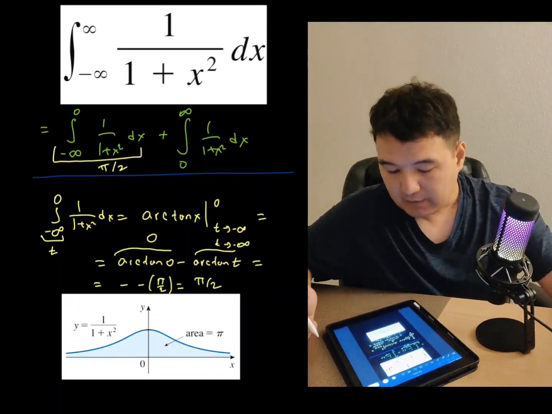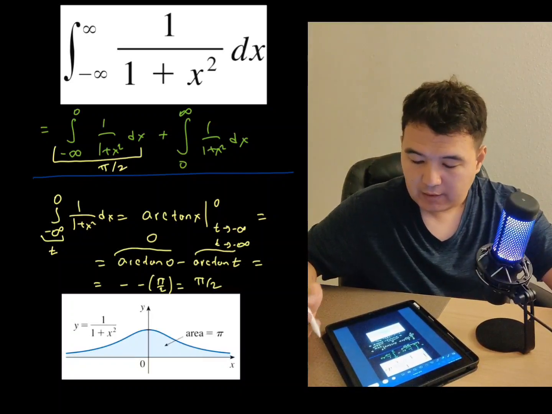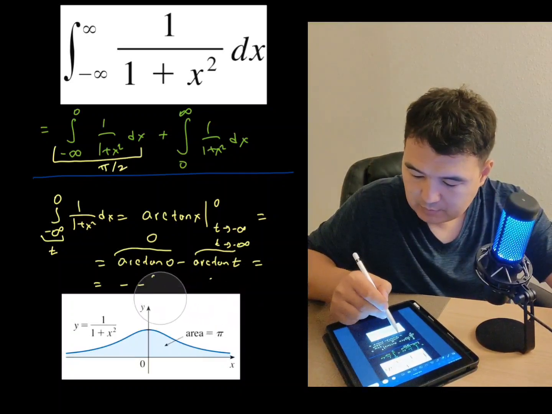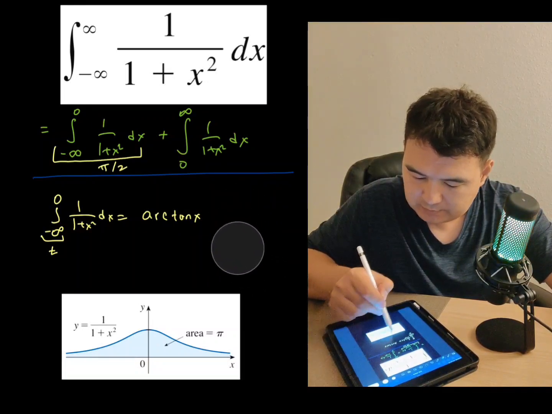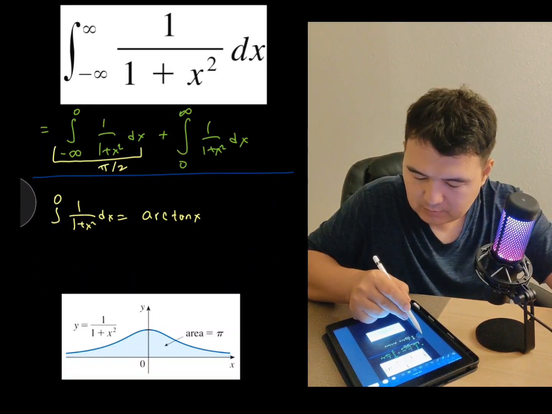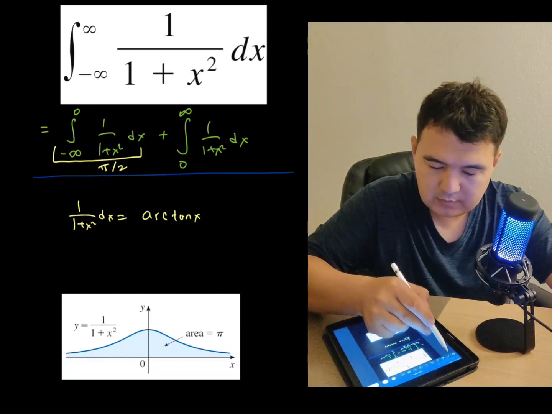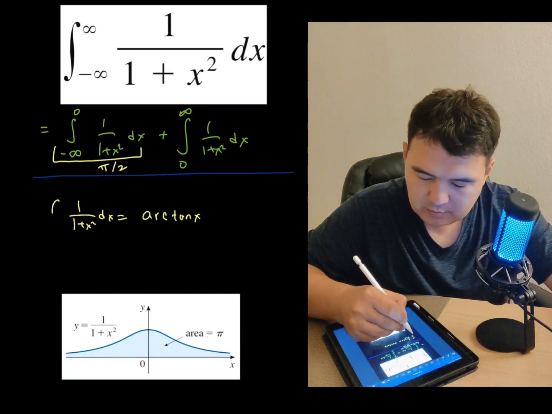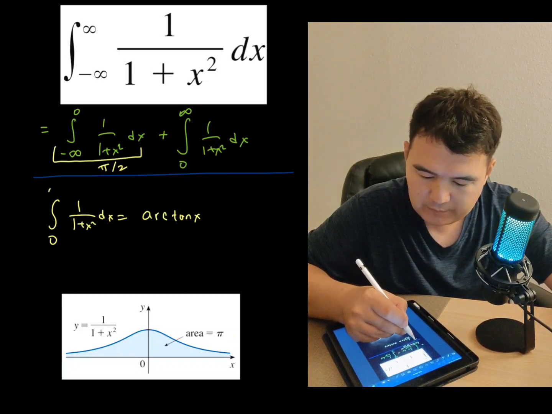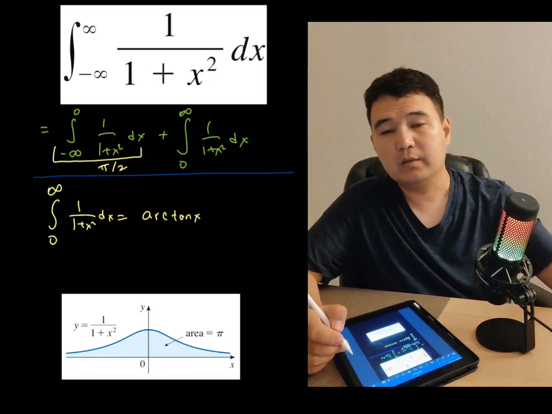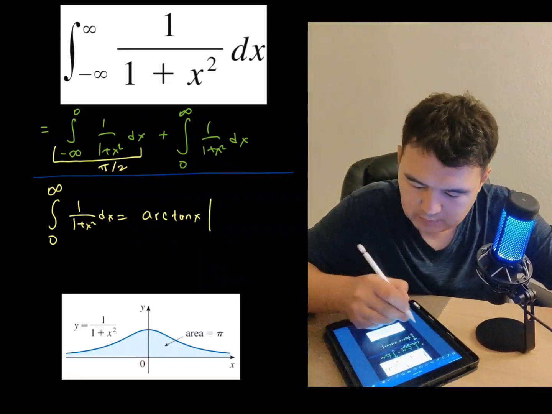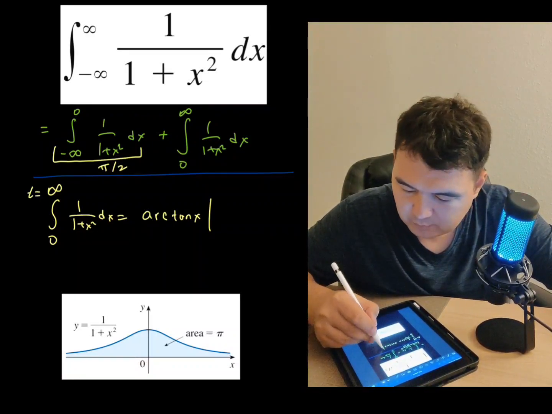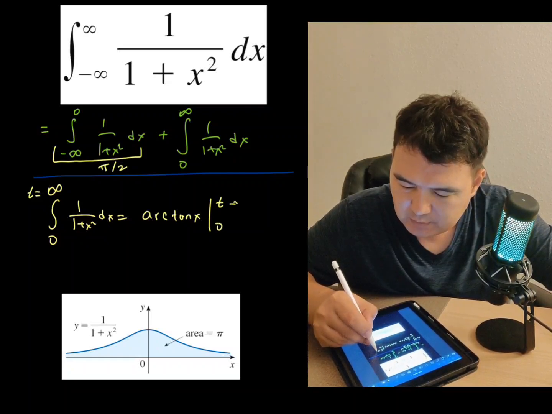Let me integrate the second part. In the second part I have the same integral, so I'm not going to erase everything because it's going to be very similar. I have different boundaries, from 0 to infinity, and the integral of 1 over 1 plus x squared is still arctangent, but we are computing that from 0 to t as t goes to infinity.